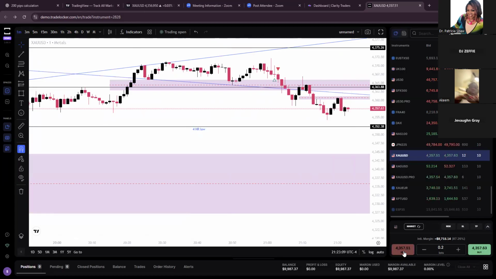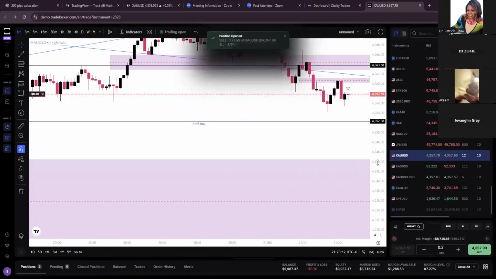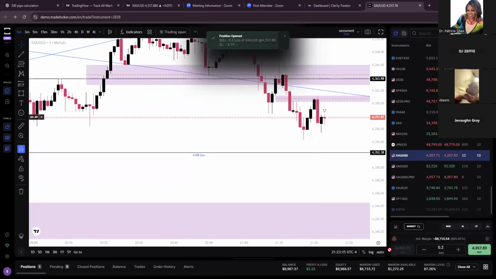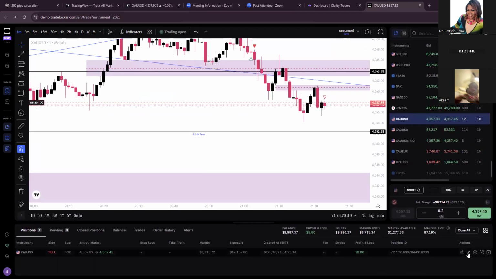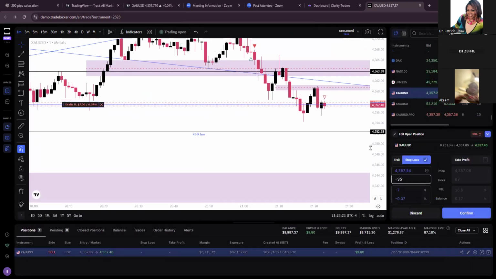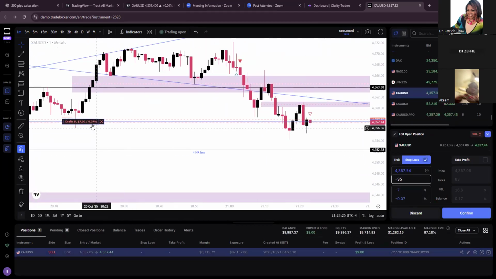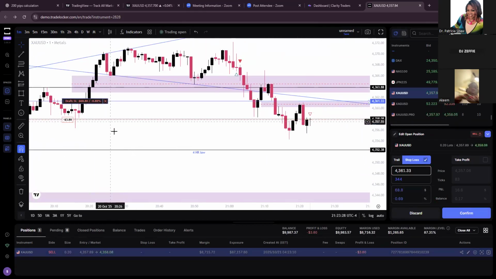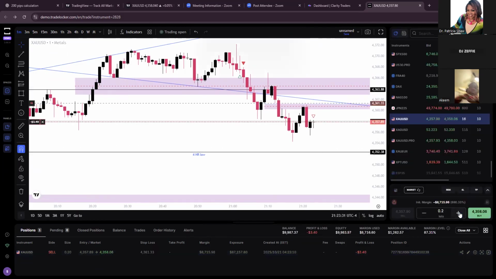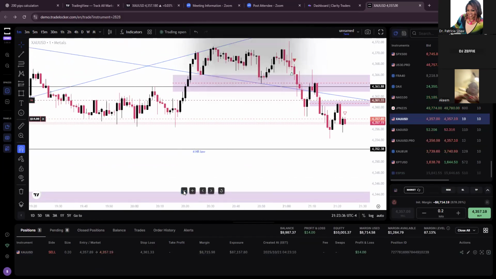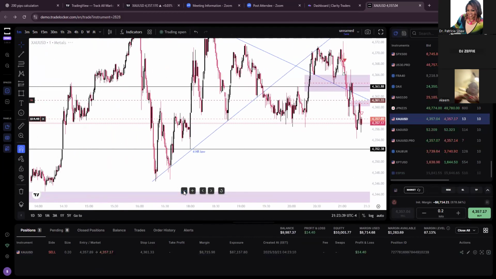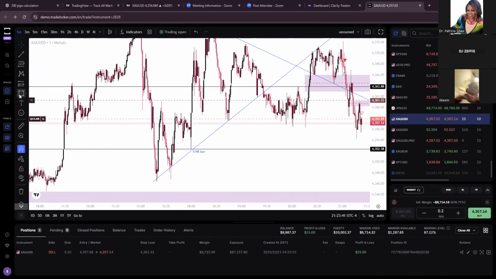I don't have anything else. All right, so it looks like we're in a gap here, but we've closed underneath the 50%.